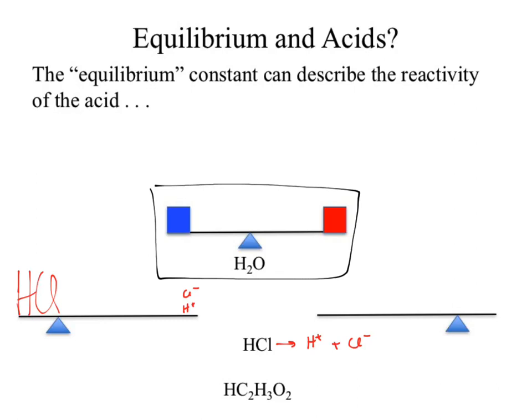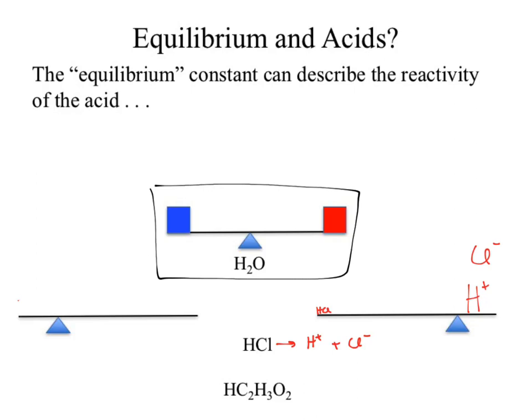No. We're saying we have a little bit of HCl and a lot of H+ and Cl-. So I can look at HCl and, knowing it to be a strong acid, know that its K value is really, really big.